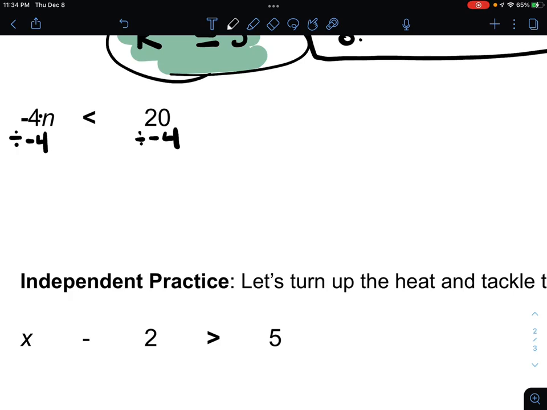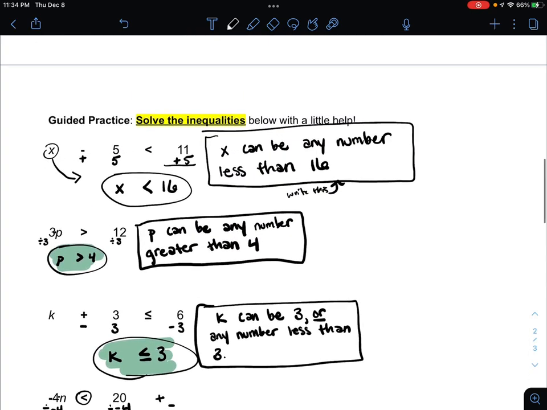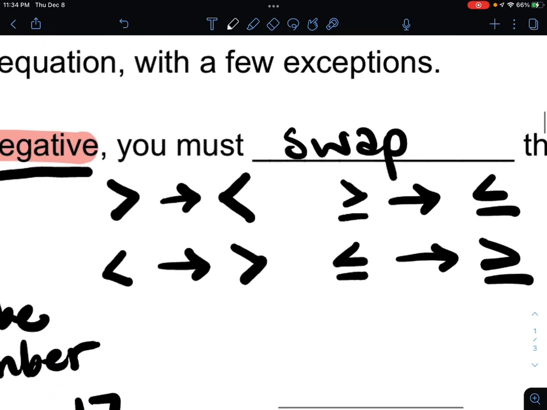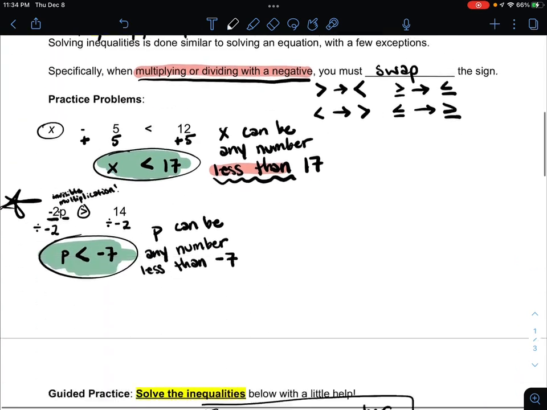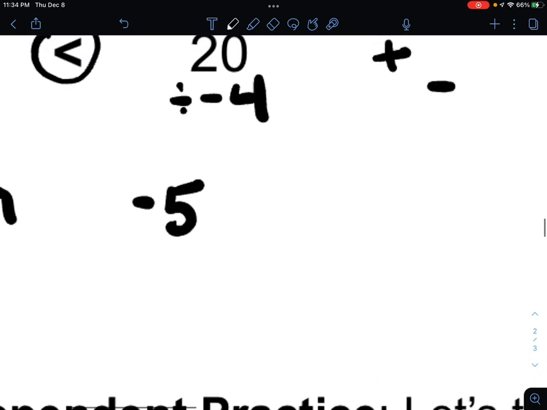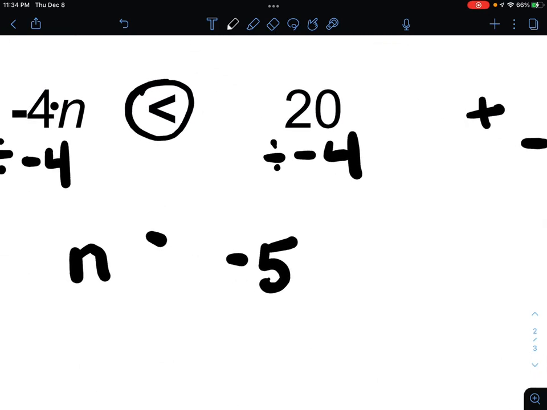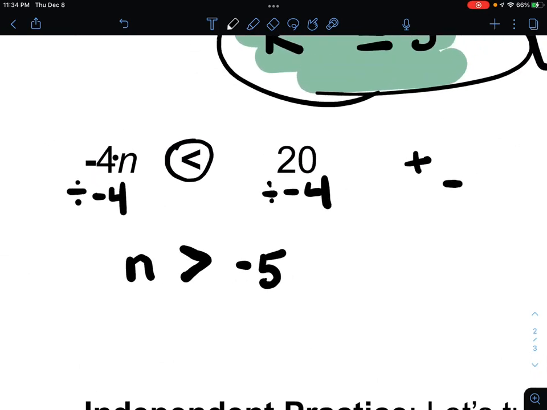So my negative 4 divided by negative 4 is positive 1, so I'm left with just n. 20 divided by negative 4. Remember, when you have a positive and you are multiplying or dividing by a negative, your answer is negative. So it's negative 5. And I have to swap that sign, because just a reminder, if I go on the old page, we have to swap if I'm multiplying or dividing by a negative. So I divided by a negative, so I've swapped this to be greater than.